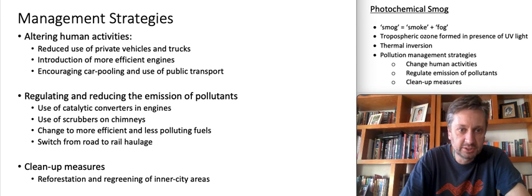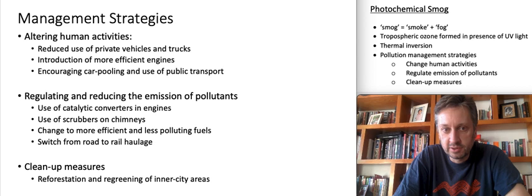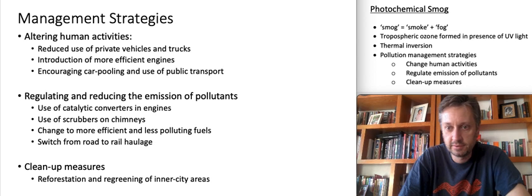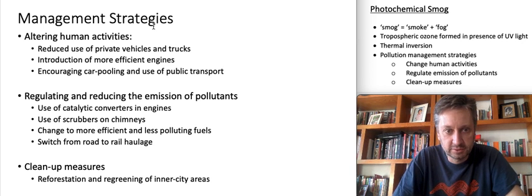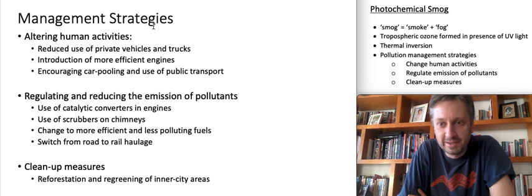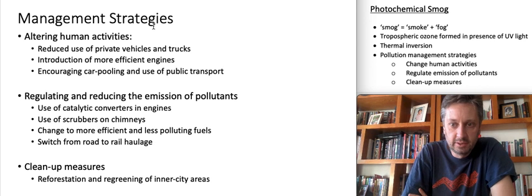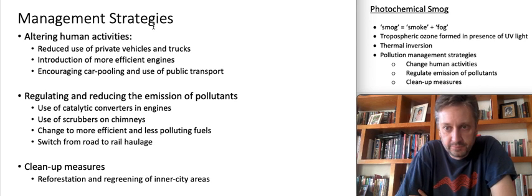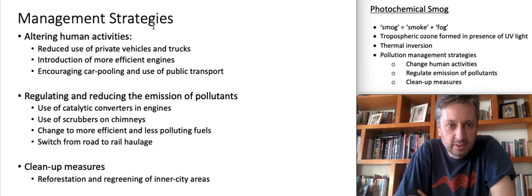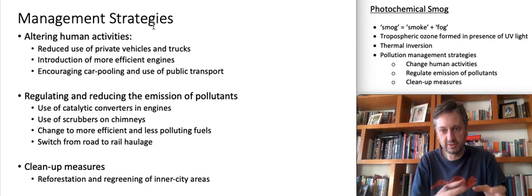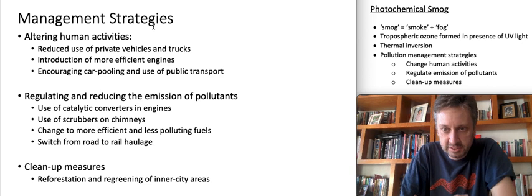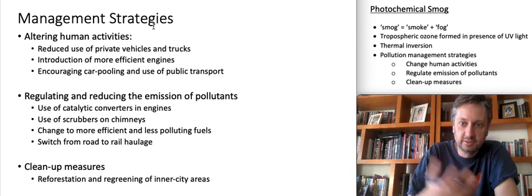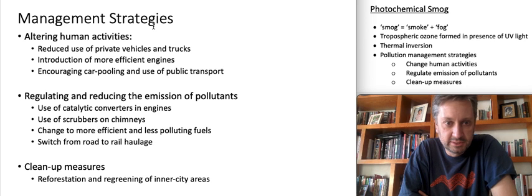Regulating and reducing emissions. Well, making sure that cars are fitted with technology that reduces some pollutants like sulfur oxides, like catalytic converters, which fit onto the exhaust. You could extend this to industry where you fit scrubbers onto chimneys which take gases, again, like sulfur oxides, out of the pollution that's being put out into the atmosphere.